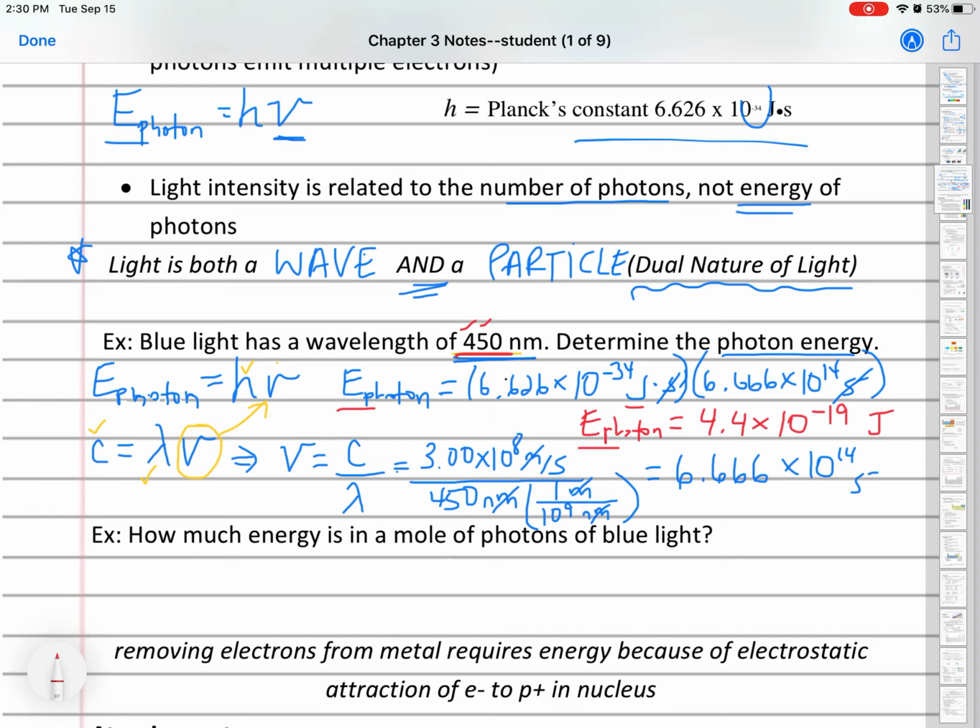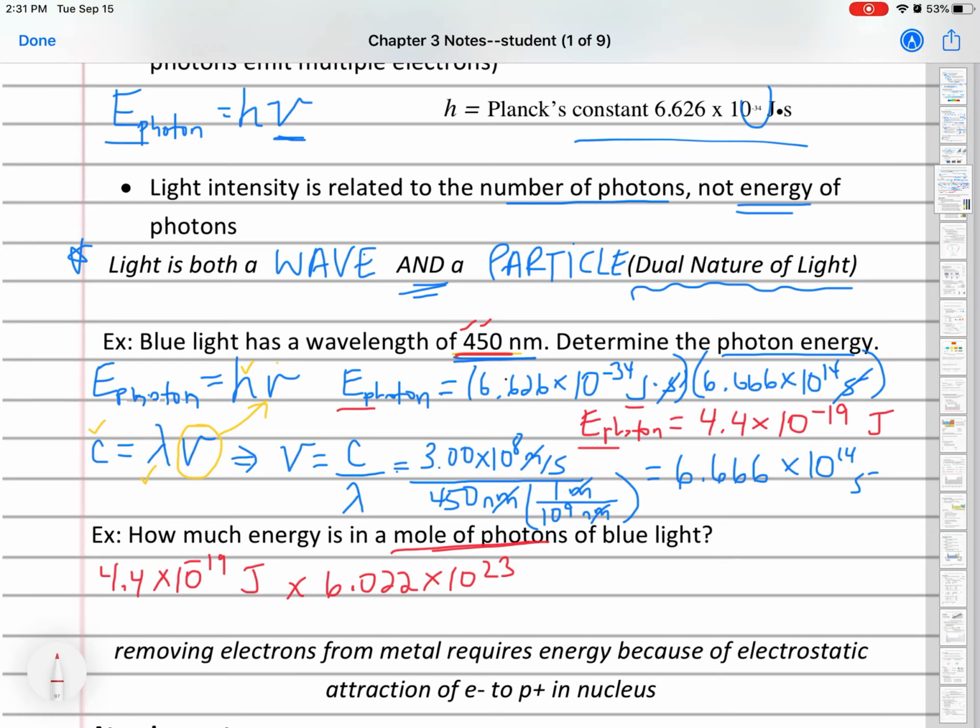Okay, the next question is sort of a follow-up question. It says how much energy is in a mole of photons of blue light. All right, so if one photon is 4.4 times 10 to the negative 19th joules, and then a mole of photons is 6.022 times 10 to the 23rd of that, right?